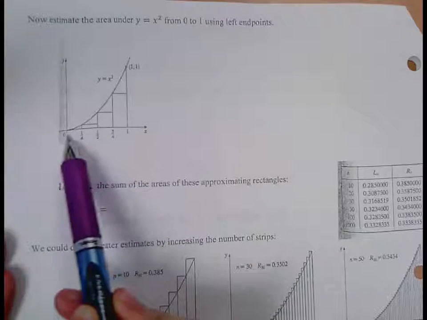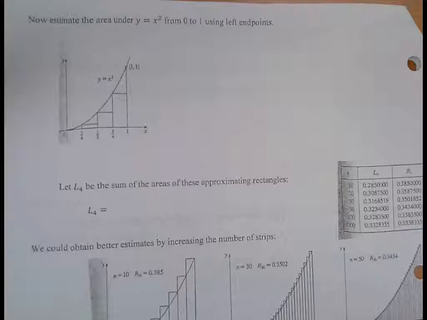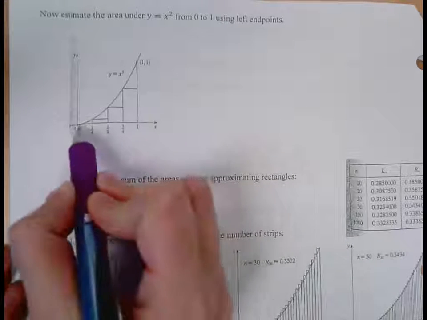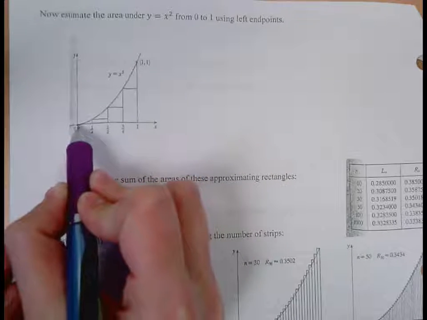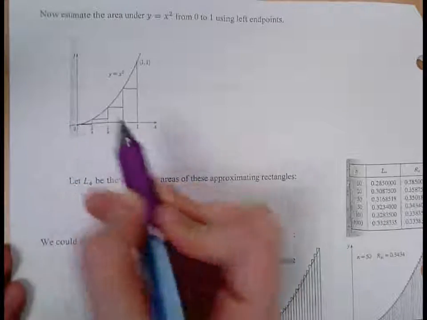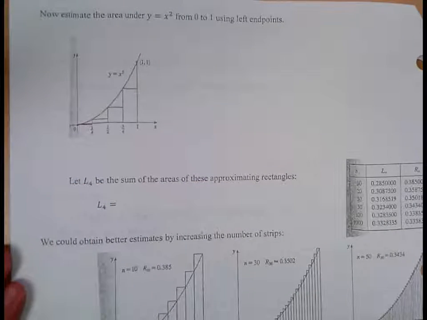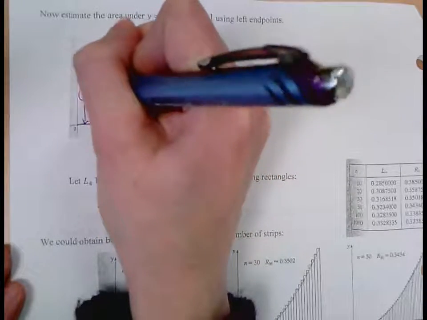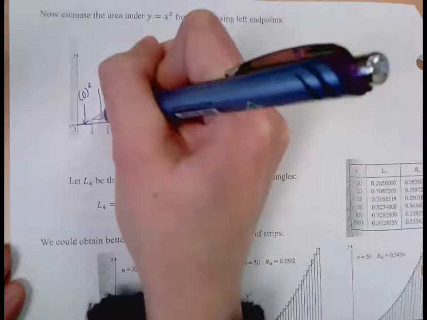But now on that first interval, from 0 to 1/4, I'm going to use the height at 0 as the height of the rectangle, which, since that function value is 0, means there's really no rectangle there. So this would be a height of 0 squared.